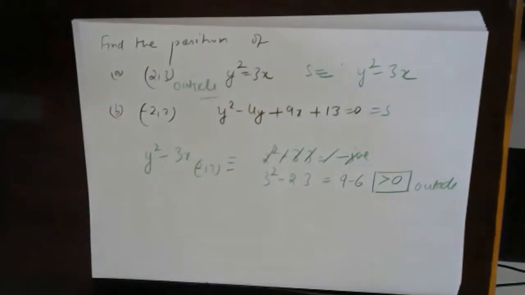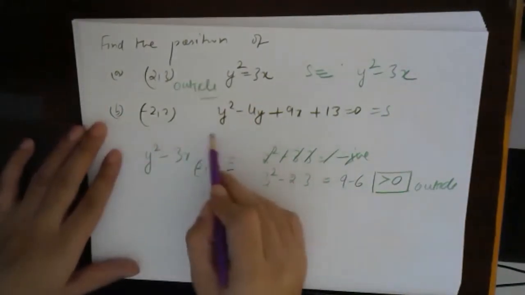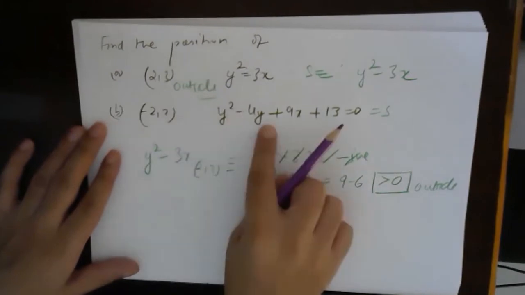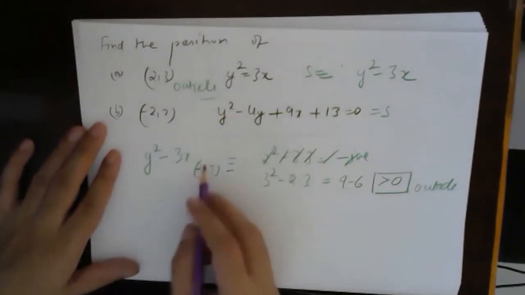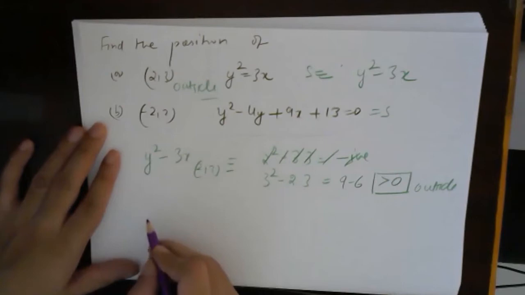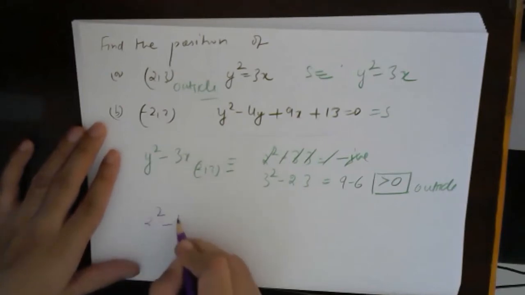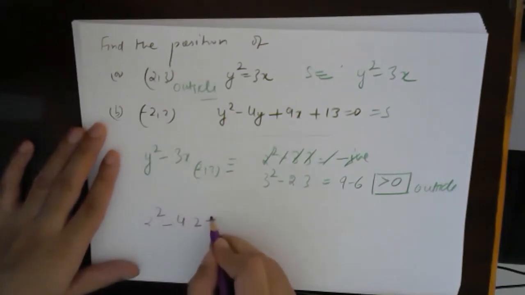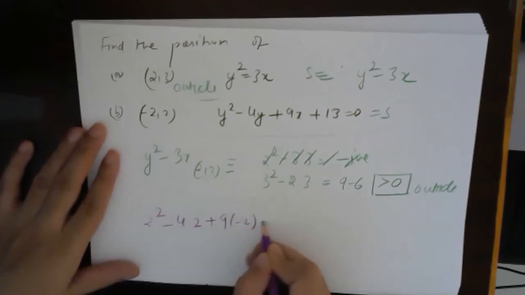Okay, let's do the second one. This is the equation of the parabola. I will simply substitute the point (-2, 2), so -2 is x and 2 is y. So this is 2 squared minus 4 into 2 plus 9 into -2 plus 13.